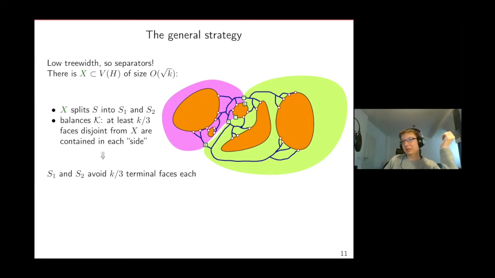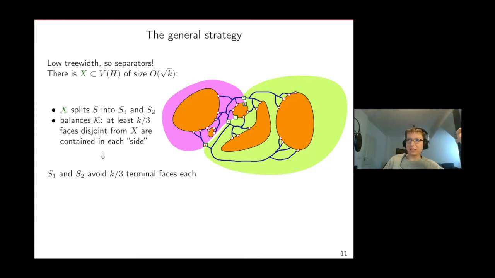But here's the important part. I want to balance the terminal faces using this split. After the split, the graph H will have 2 parts, not necessarily connected, but 2 parts. And I want that each part should contain at least k over 3 terminal faces inside.